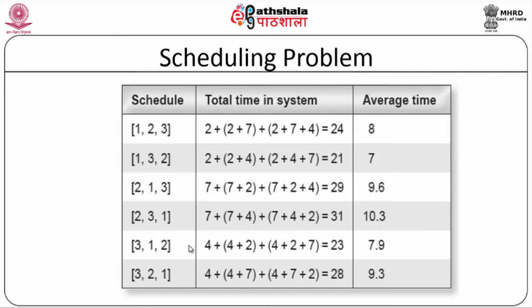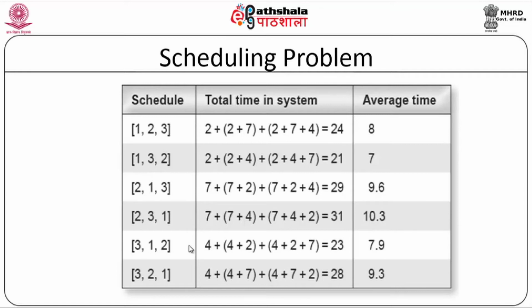Imagine that I am following the policy of 1, 2, 3. The first job has a running time of 2, so it will be allotted to the machine. The second job has to wait, so 2 is the waiting time for the second job, and once the waiting time is over, it will be processed.